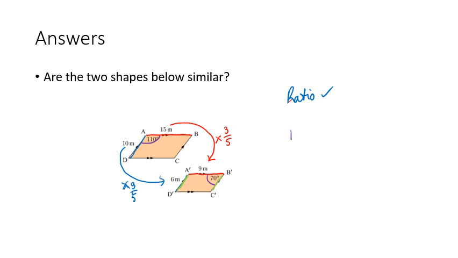So if we add 110 degrees and 70 degrees, that gives us 180 degrees. Therefore, we can say that this angle here must be 110 degrees, and therefore they are equiangular. And therefore these two shapes are in fact similar.